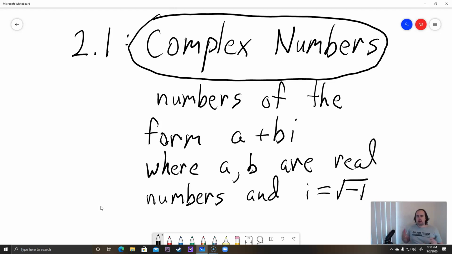So complex numbers are numbers of the form a plus bi, where a and b are real numbers, and this i here is actually equal to the square root of -1.